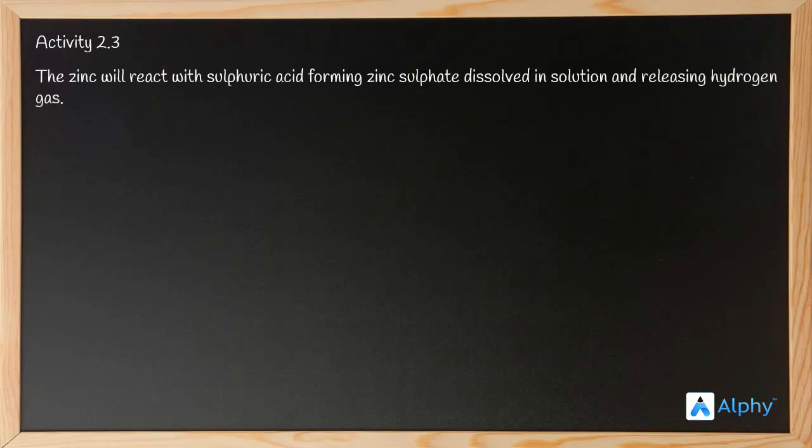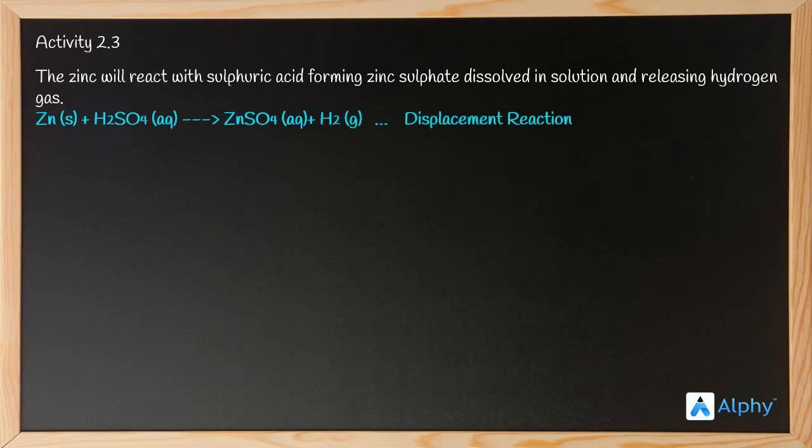Can you identify the type of reaction here? Which type of reaction is it? Zinc reacts with sulfuric acid and forms zinc sulfate and hydrogen. The equation will be Zn plus H2SO4 forming ZnSO4 plus H2. This is a displacement reaction, and here hydrogen gas is released along with the effervescence.